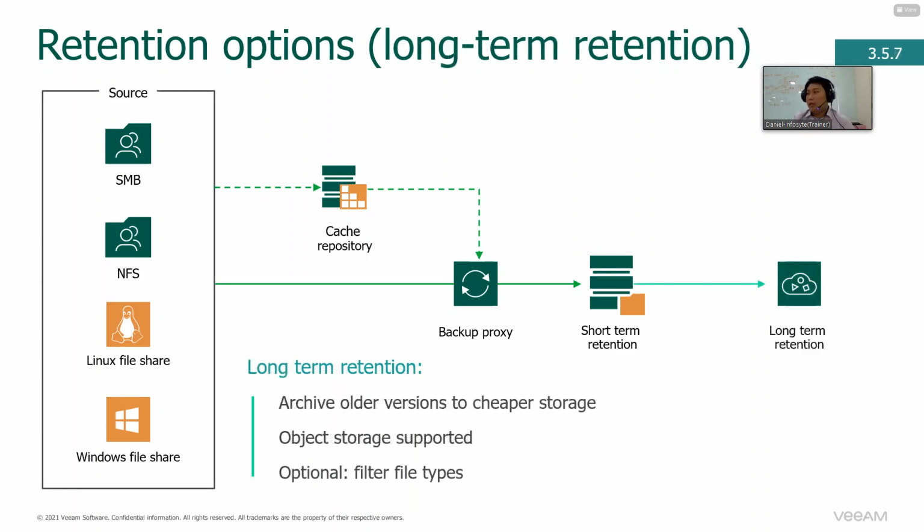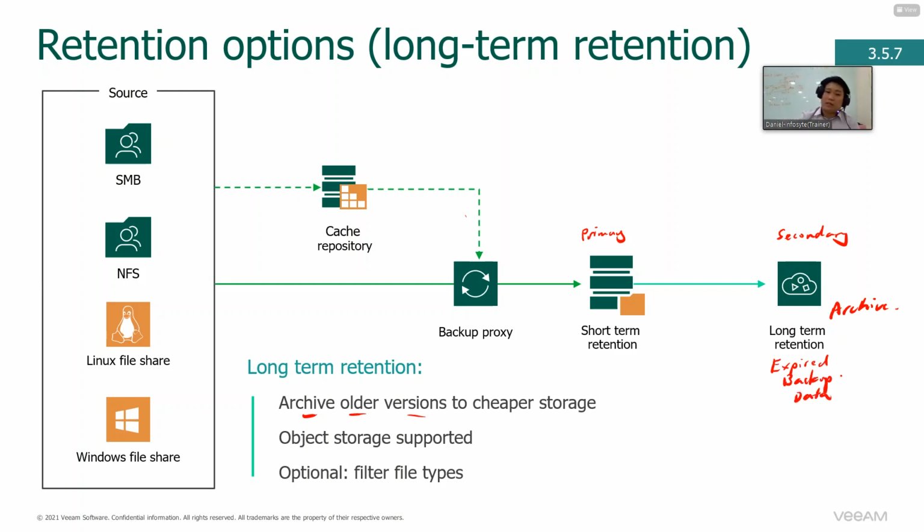For example, if you want to perform archive, this is primary, and then this is secondary. This one is designed for archive only. It will only be used to archive old versions of data, meaning this will only store expired backup data.